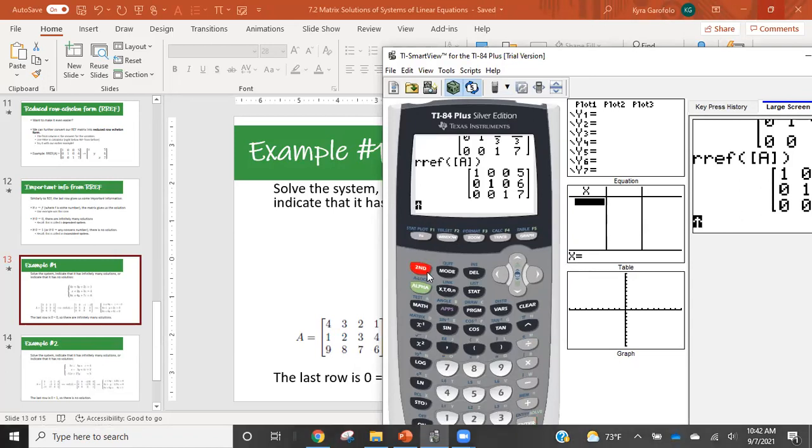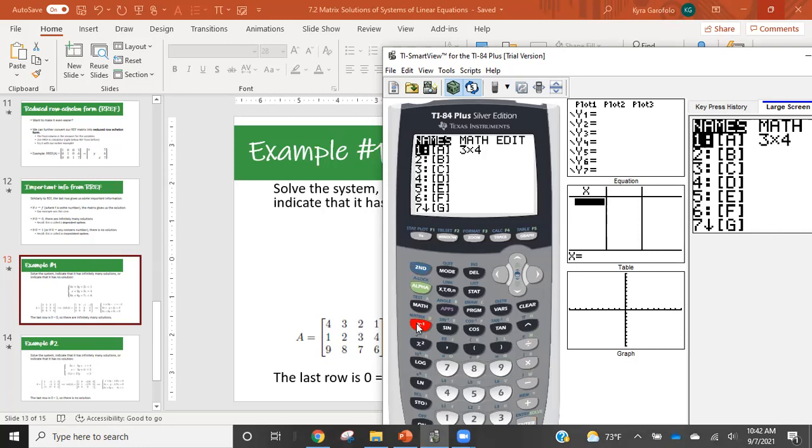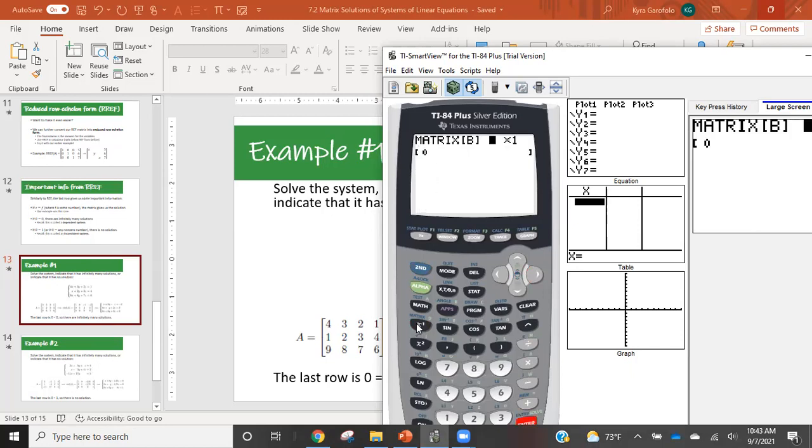Now, we're going to go into second matrix, and I'm going to edit B this time, and I'll leave A alone. So in B, yet again, we have 3 rows, and we have 4 columns, and we have 4, 3, 2, 1, 1, 2, 3, 4, 9, 8, 7, 6.